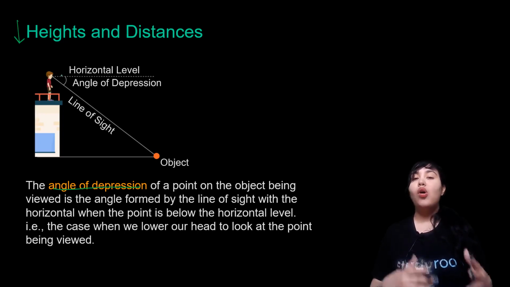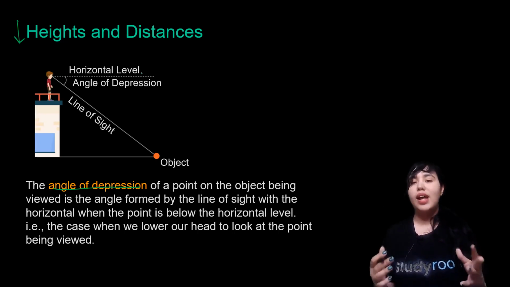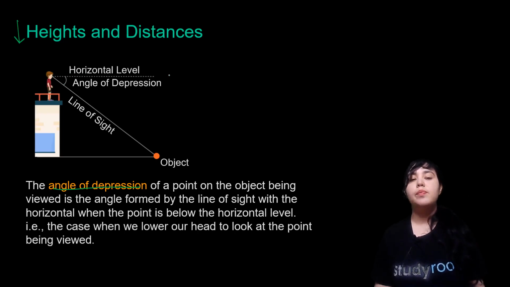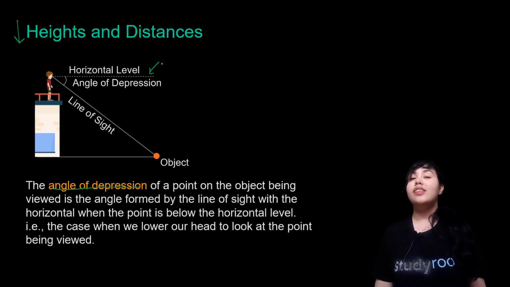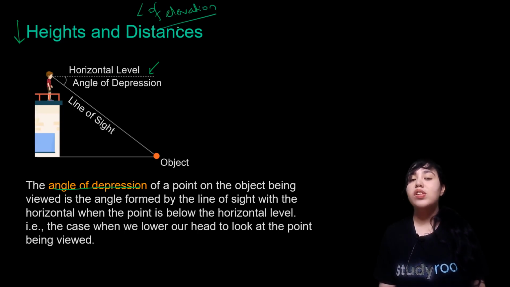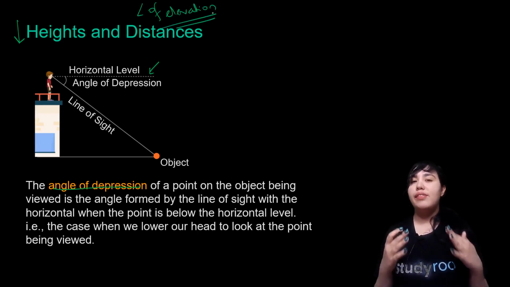And again, what will be the horizontal level here? Your eye level is the horizontal level, your normal eye level. Now what is the importance of this horizontal level? Just think a bit about it. The importance is that, be it angle of elevation or angle of depression, both are measured from the horizontal level only.